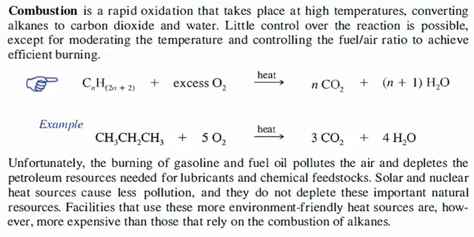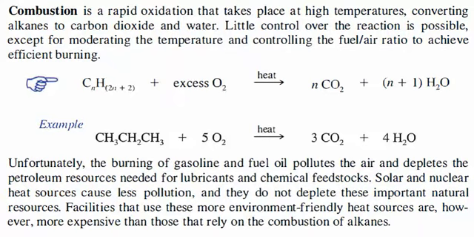So as you see here, the reaction has CnH2n+2, as you know, the general formula for alkanes, plus excess oxygen. Why excess? We usually need to provide excess oxygen to make sure that the reaction is complete.